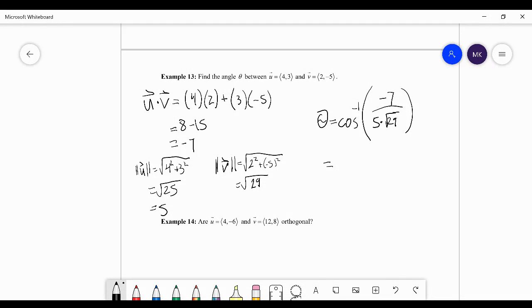Let's type this into our calculator, negative 7 over 5 root 29. And we get that theta is approximately equal to 105.068 degrees, or in radians, 1.834.